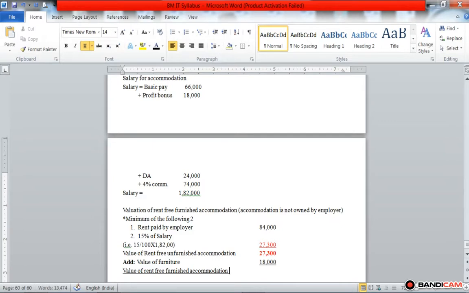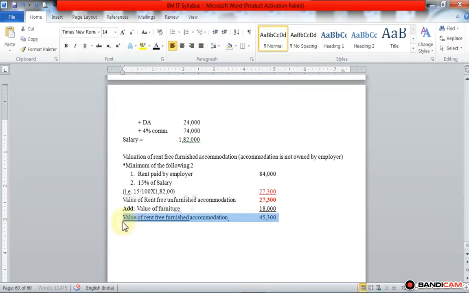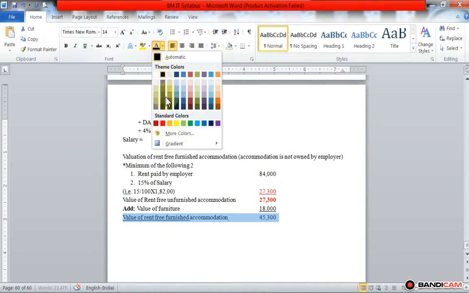So here, make the total, and the total is equal to 45,300. 45,300 is the value of rent-free furnished accommodation.